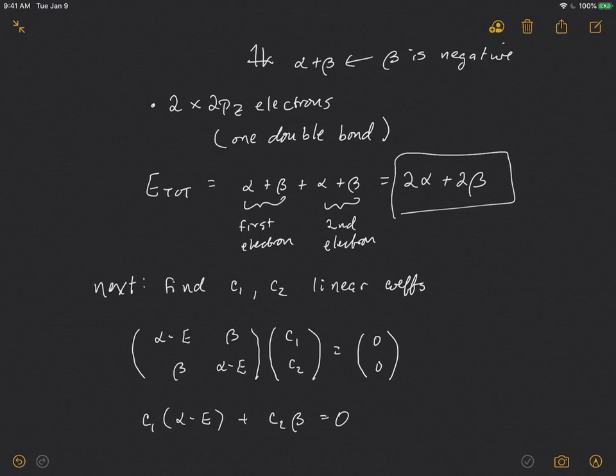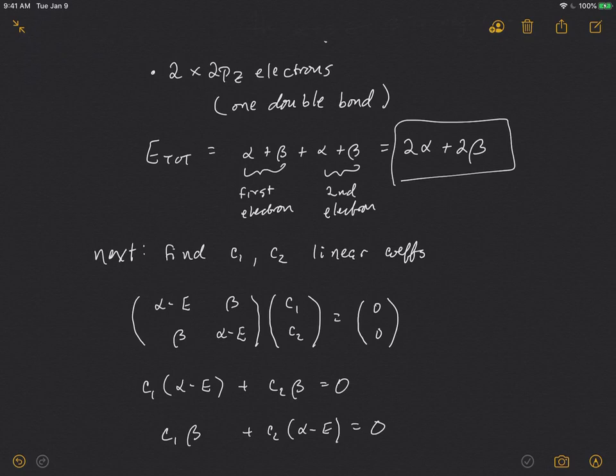Now we can take our known energy of the individual orbitals and find the C1 and C2 linear coefficients associated with the 2pz orbitals. We start with our matrix equation here, rearranged slightly, so instead of H psi equals E psi, we'll have H minus E along the diagonal times psi equals the zero column vector.